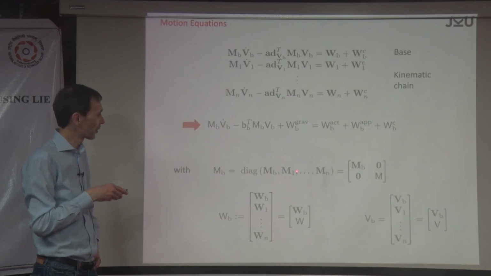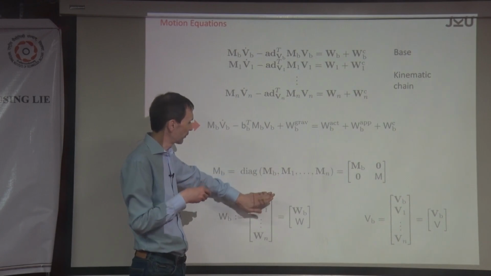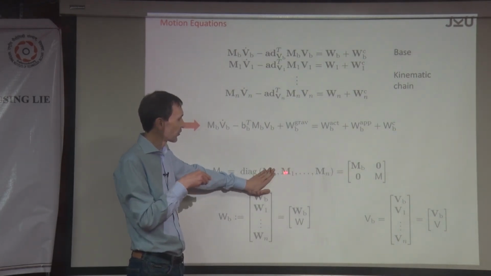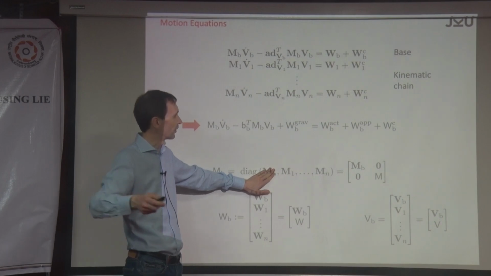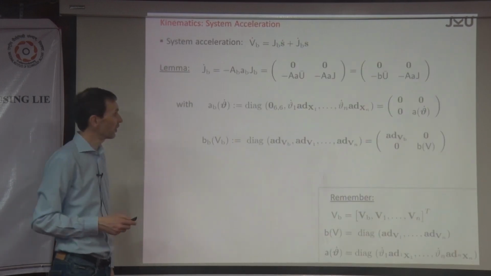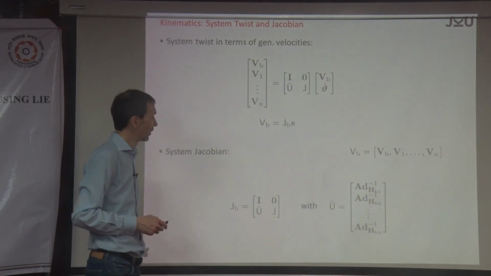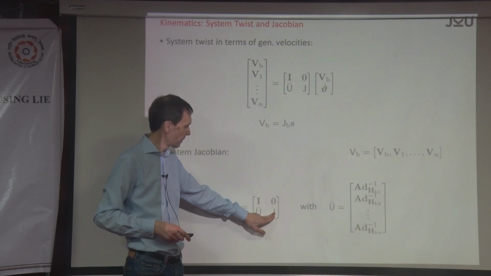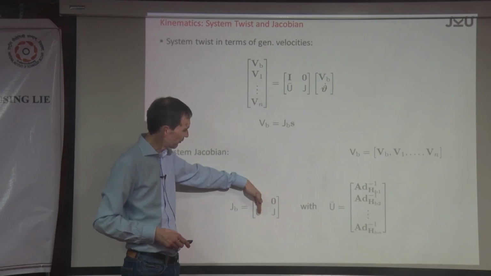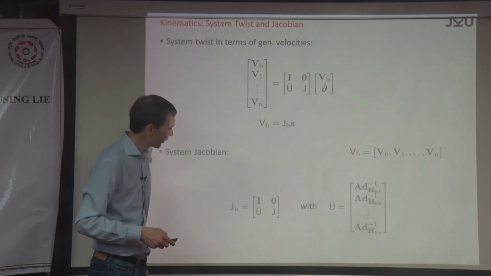So MB is just, if you wouldn't have this MB, that was just the same as you had for the open kinematic chain. And the Jacobian is almost the same as we had for the open kinematic chain, because the Jacobian is that for the stationary kinematic chain. But now we get one more column here, right? So now just use it.